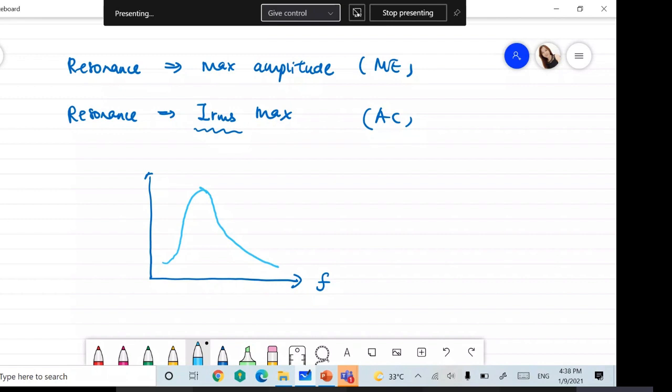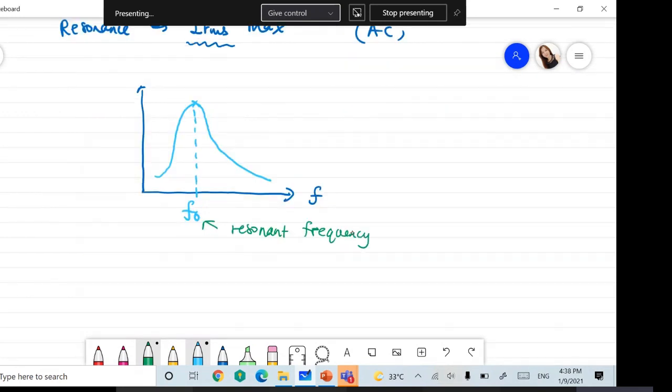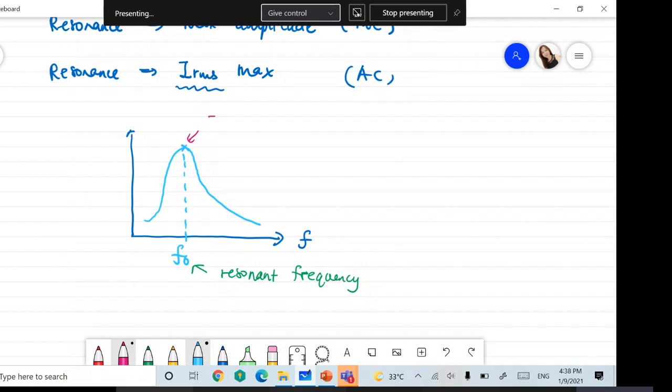It will reach a maximum value at a frequency we call the resonant frequency. Here I call it IRMS maximum. It's not the I maximum, but IRMS maximum, because this blue line represents the IRMS. So the IRMS value will reach the maximum at the resonant frequency.